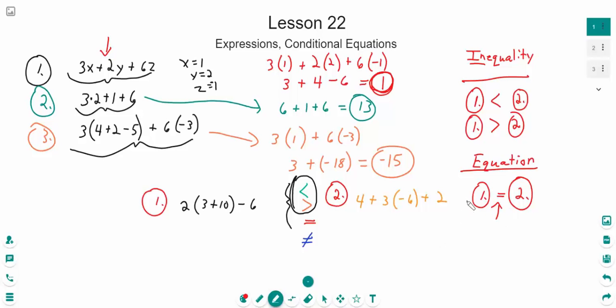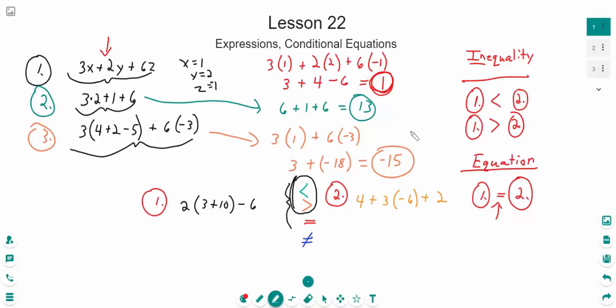So whenever you hear the word equation, recognize that what we're talking about are two expressions that have been set up on either side of an equal sign. So we're saying that those two expressions are equal. So that is the terminology here that we want to make sure that we're clear on.